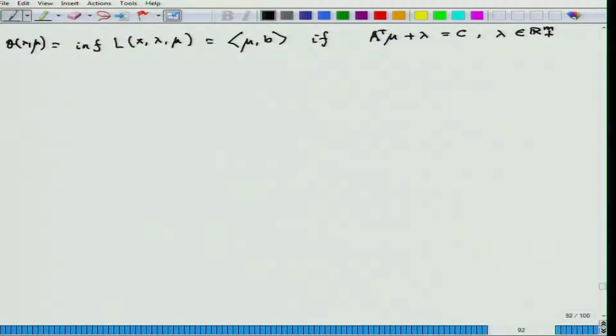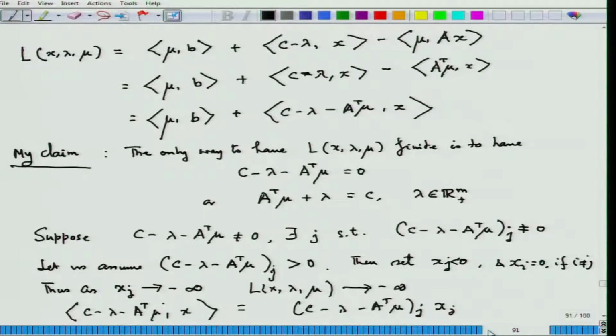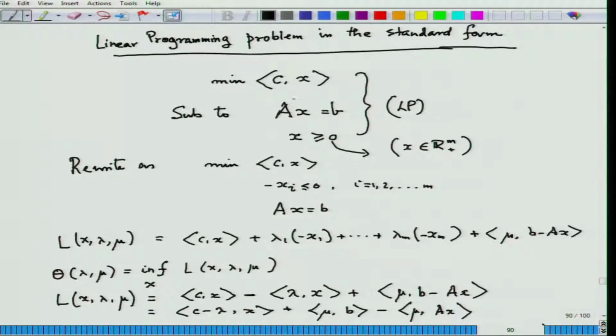Assuming that A is an m cross n matrix, I am just writing Rm plus without even telling you anything. So, you might just get angry, or what is this? In our case, let us take this to be an m cross n matrix, right. So, we have done a calculation.